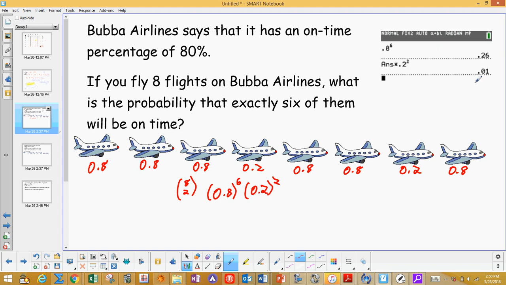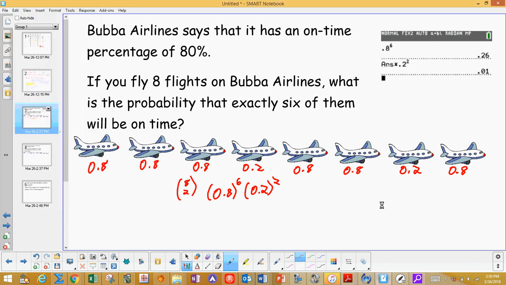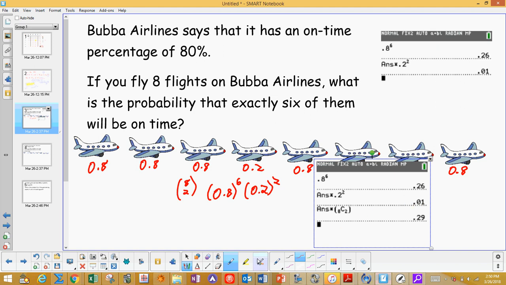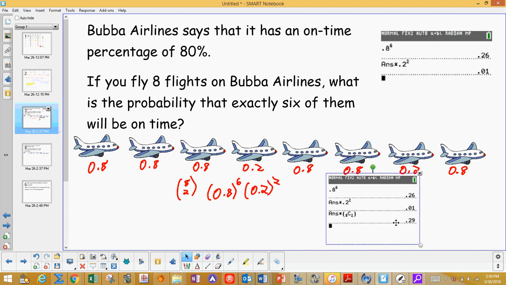And so if I take this number, 0.01, times 8 choose 2, there's my answer. So my answer there is 29%. There's a 29% chance that exactly 6 of them will be on time.